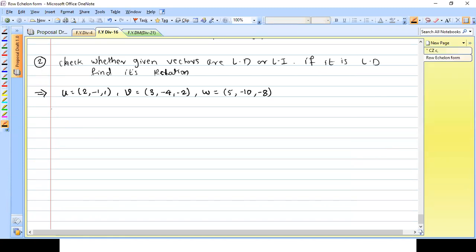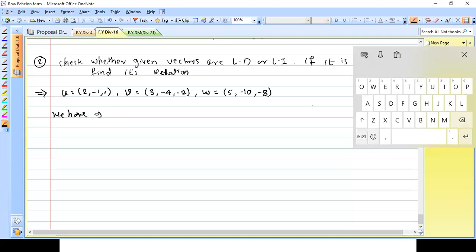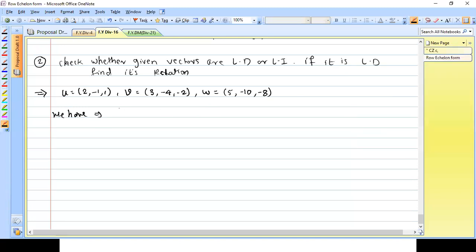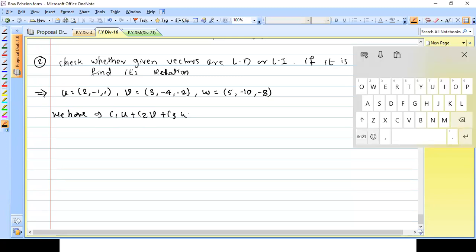So how can you write this down? We have a linear combination: C1U plus C2V plus C3W is equal to 0, 0, 0. Substitute values.